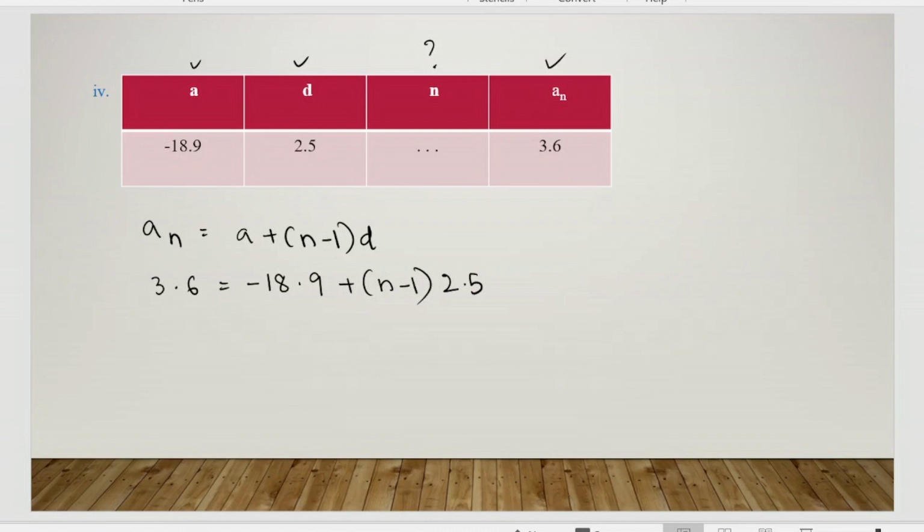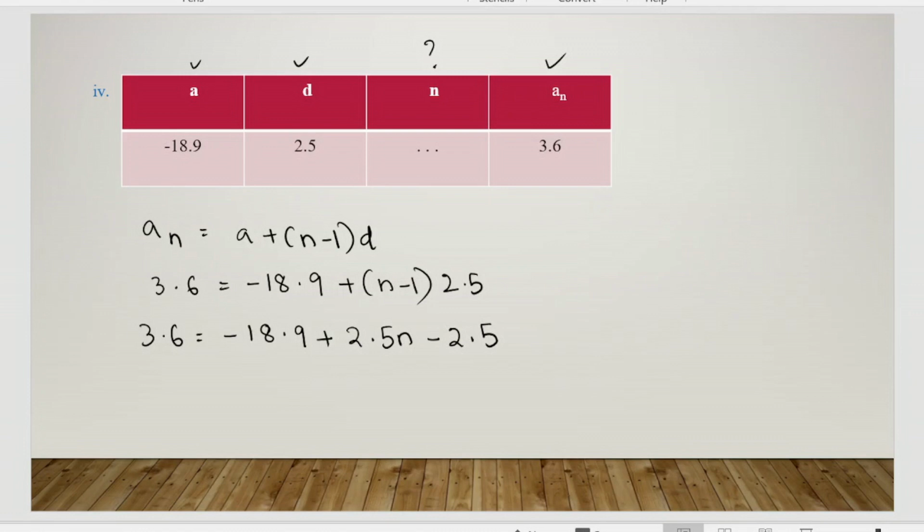Now 3.6 is equal to minus 18.9 plus, we will multiply N minus 1 with 2.5, which becomes 2.5N minus 2.5. Okay, clear?